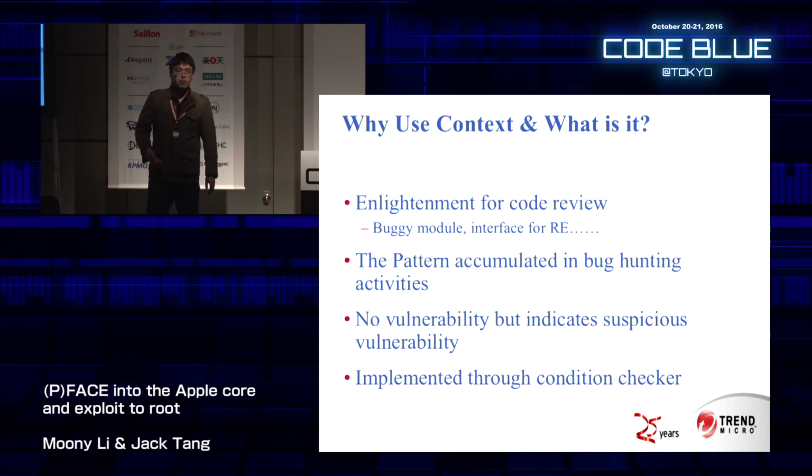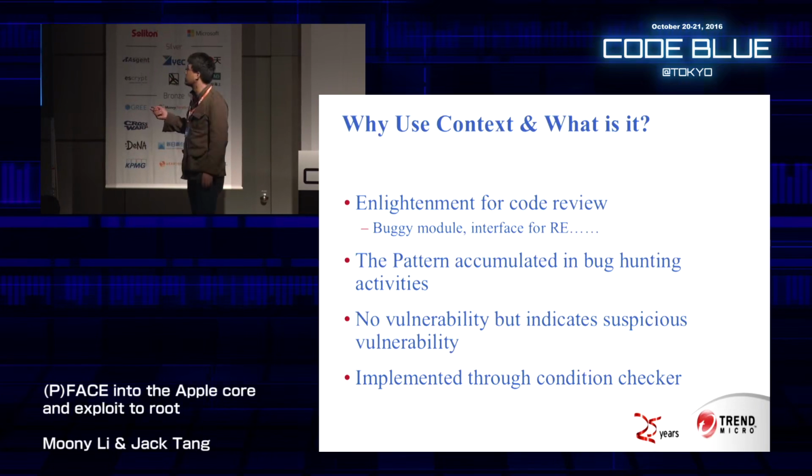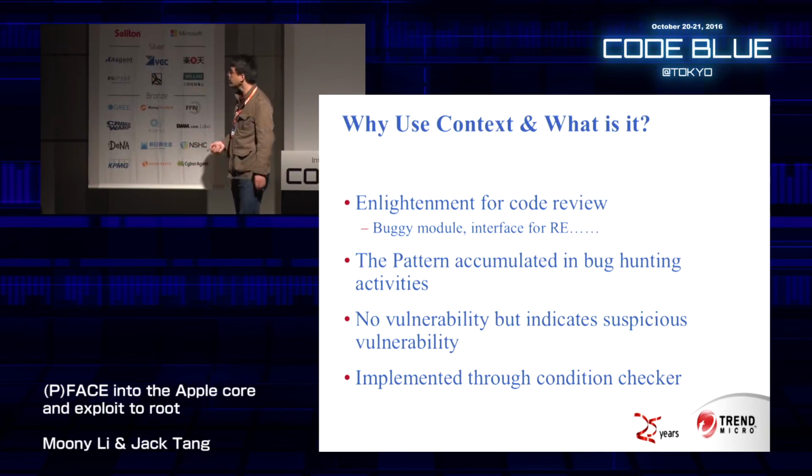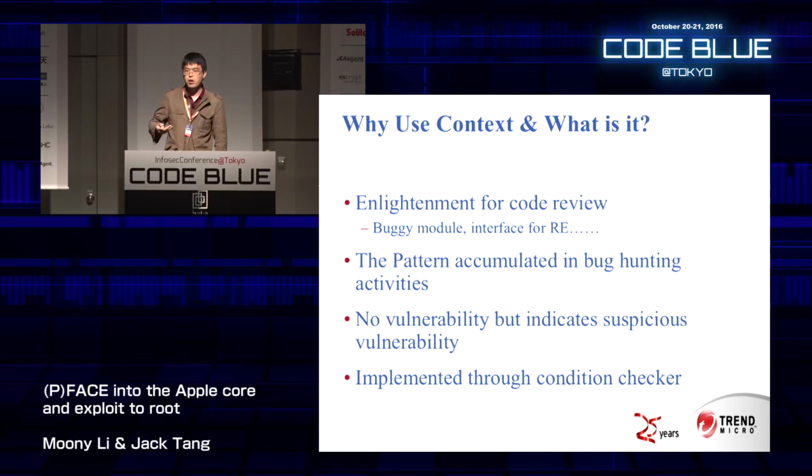For example, it could tell the researcher which module is more buggy than the other module, and which interfaces or which APIs are more important or more vulnerable than the other APIs. So context is not the vulnerability itself, but it could indicate suspicious vulnerabilities. And actually, we have implemented the context mechanism in our condition checker.